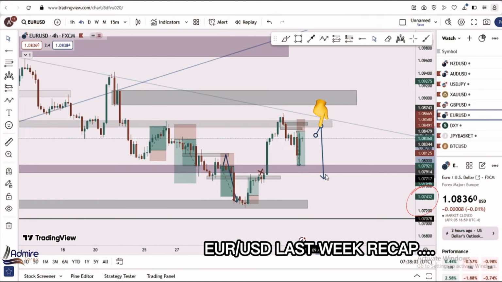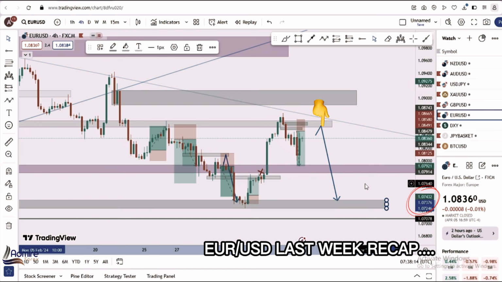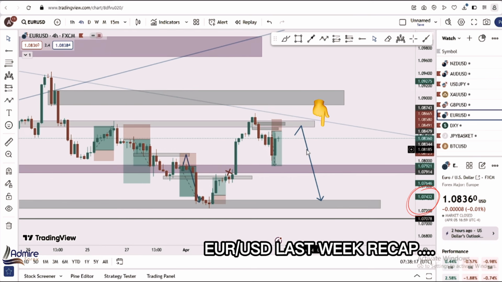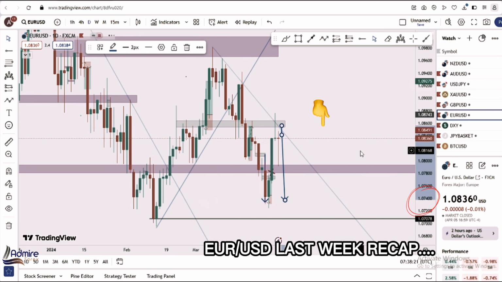First level target would be our 1.0787 area. Then our next level target would be our 1.0785 area, this support area like so. Those are the levels we would be looking out for on Euro USD. And mind you, if you look at the daily time frame, we still have some space to the downside in which price could push.